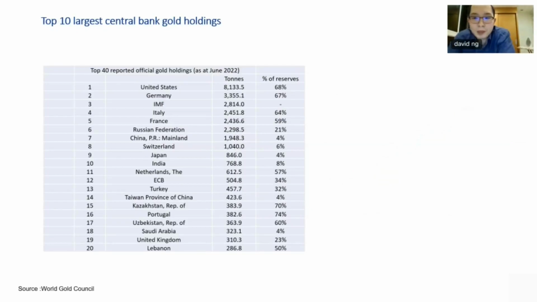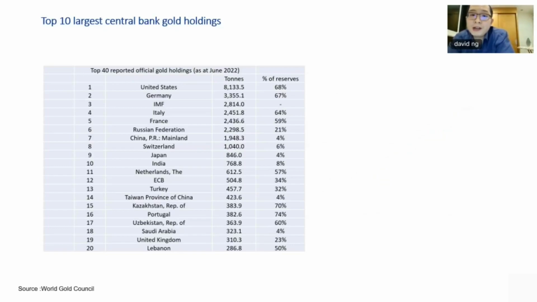Now, I think it's also worth mentioning that, besides jewelry demand and investment demand as key demand factors, there's another critical demand factor, which is central bank buying and selling of gold. If you look at some of the major advanced countries, their percentage of gold reserves is quite substantial.